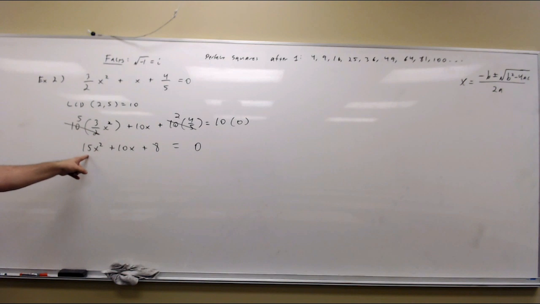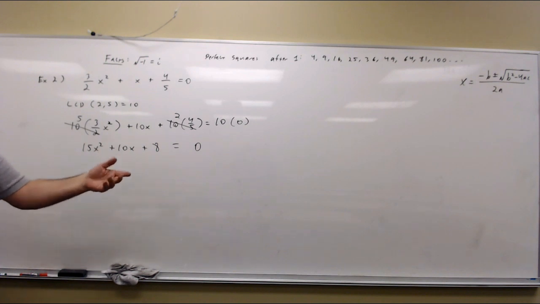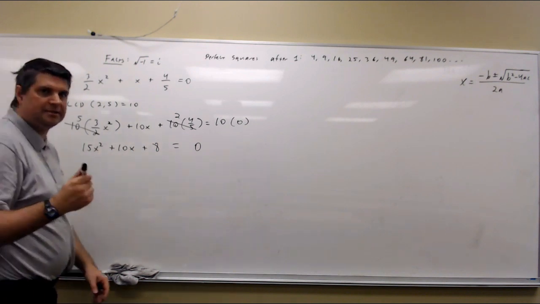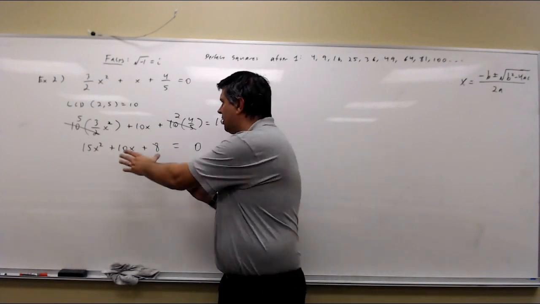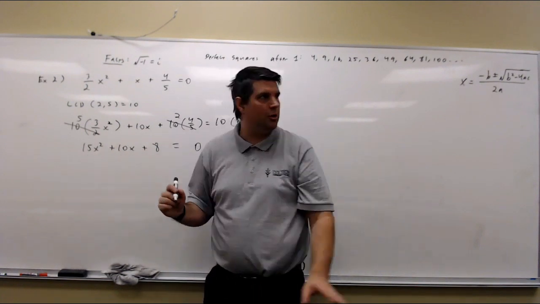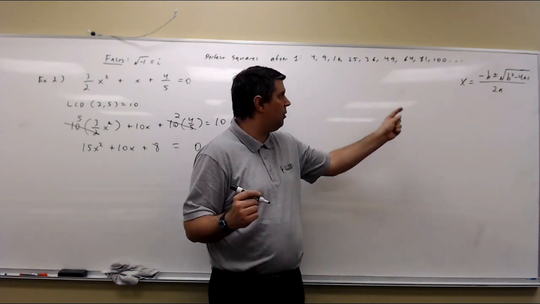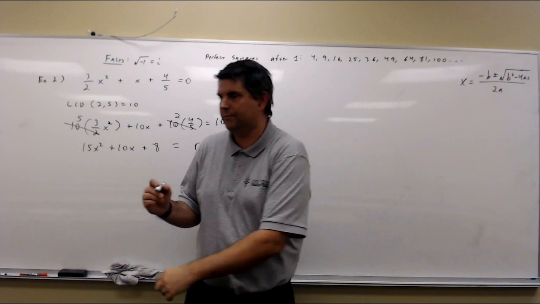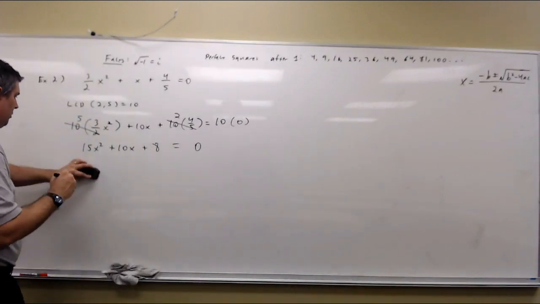I can't take the 15 out of everything, so it's not easily factorable. It's not conducive to completing the square or factoring. So we're going to use the quadratic formula. Let me go ahead and fill in what these are.